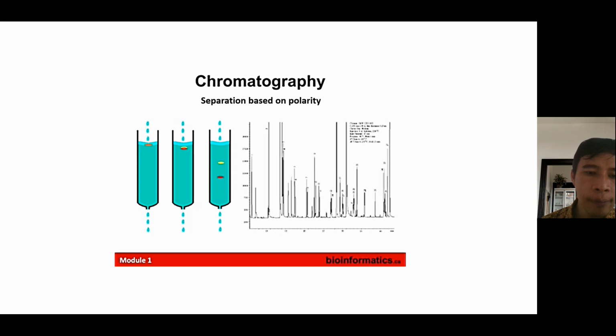So you can eventually separate your samples based on their polarity, based on their molecular mass, and also based on their volatility.